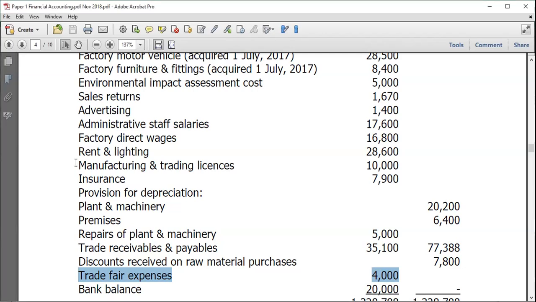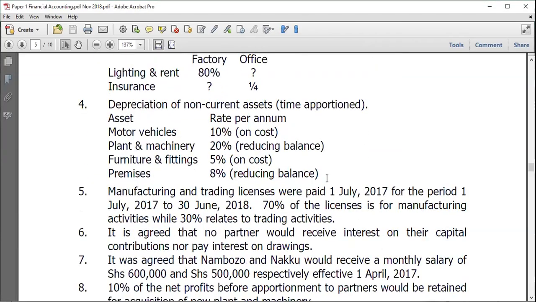You remember something that was to do with this manufacturing and trading license? The manufacturing and trading license, that would also maybe I'll classify it under sales. Okay. So manufacturing and trading, I'll go back, it was 10,000. And then they told me something here.